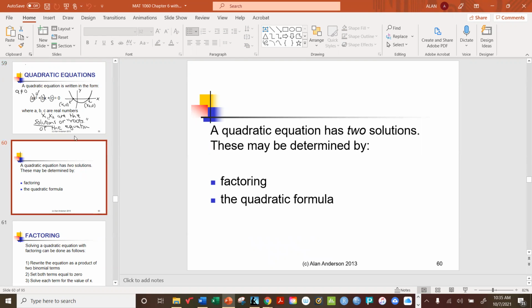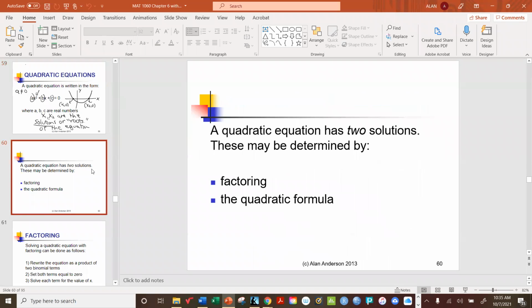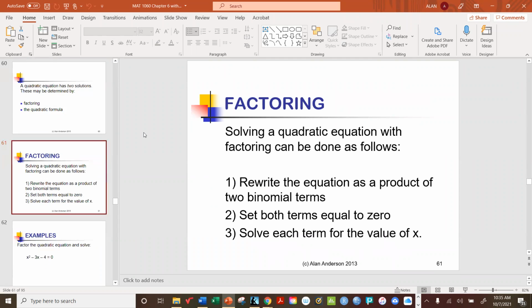Factoring really only works well with very simple cases. In particular, when a is equal to 1, factoring is pretty straightforward. But for other cases, it doesn't work nearly as well, and it can be a very time-consuming process. So we'll start by reviewing what factoring is and see how it works. And then when we're done with that, we can revisit our old friend from high school, the quadratic formula.